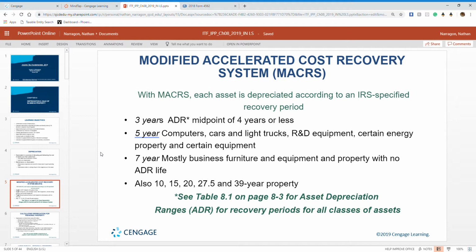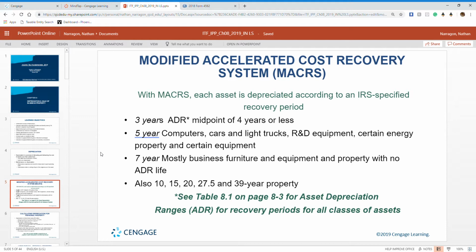Well, the 3-year asset depreciation range is basically going to be for software. Usually software is the only one that hits the 3-year mark. 5 years tends to be for computers. Normally, some office equipment ends up falling in the 5-year range.